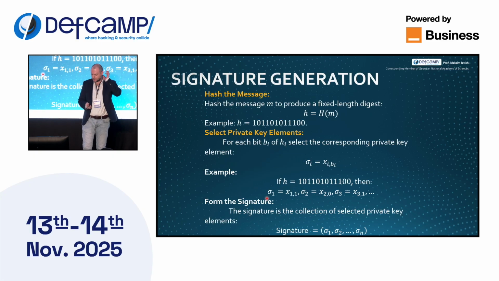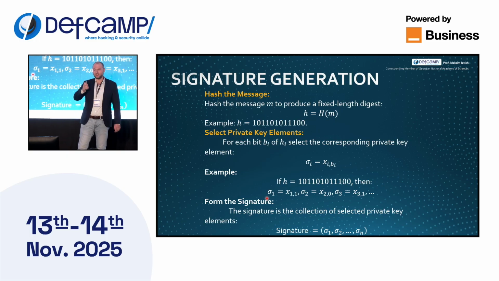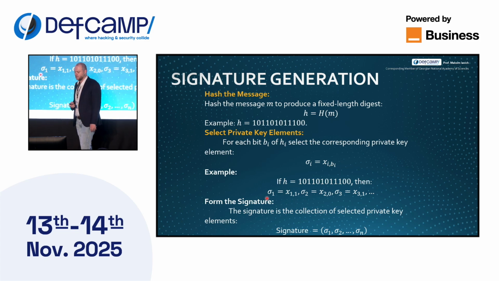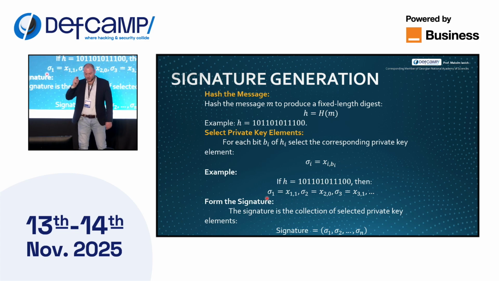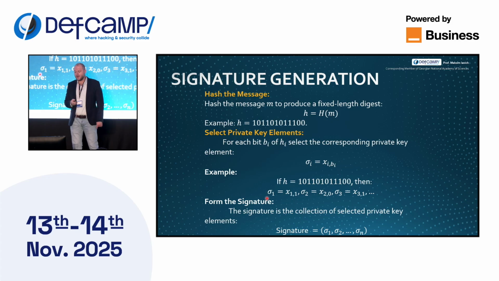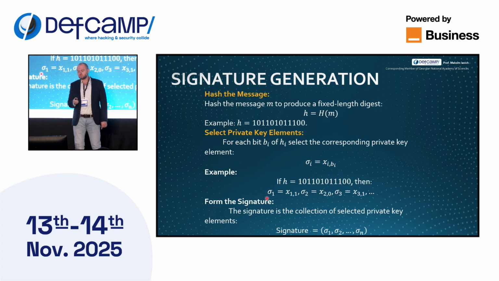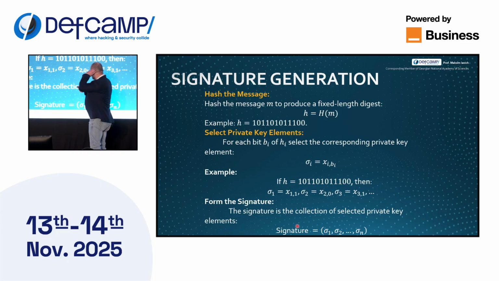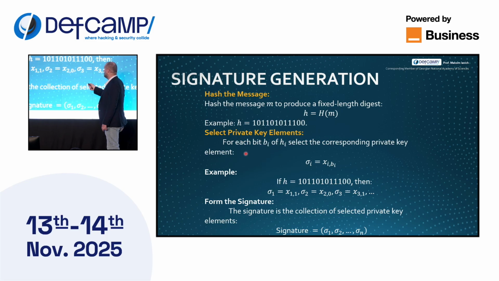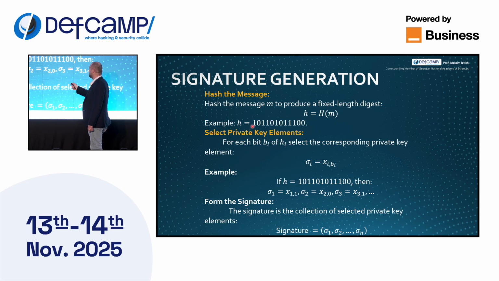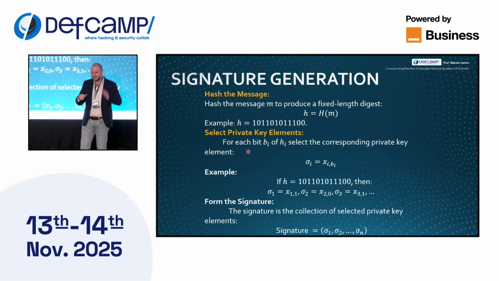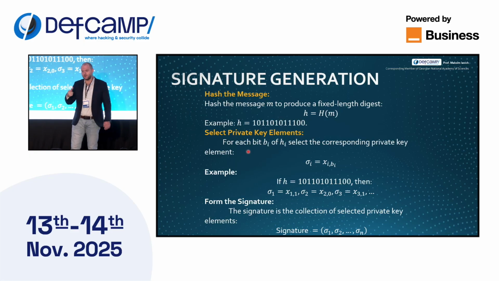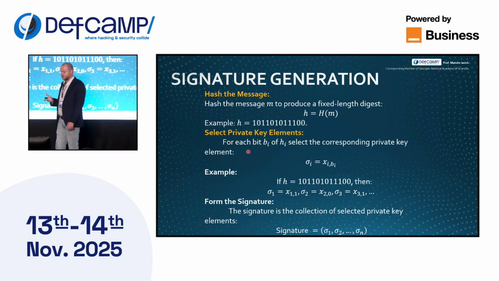What do we do afterwards? To sign the message, always when you sign a message, first of all, you have to hash it. So we hash it. Afterwards, if our hash is this one, what do we do? We look at the first bit, it's 1. We take the second signature key from the first pair of signature keys.